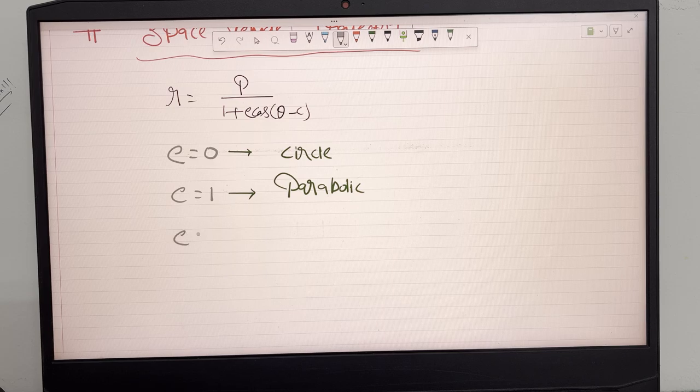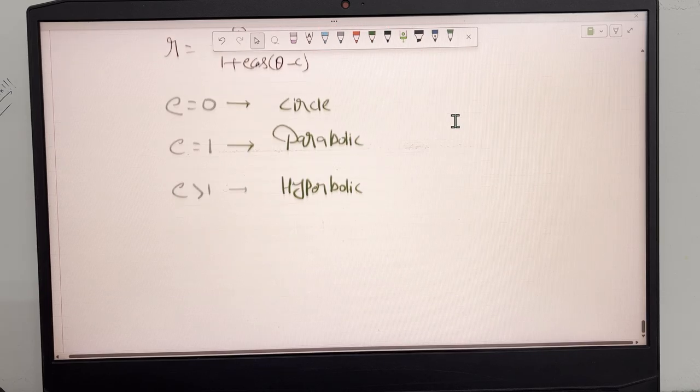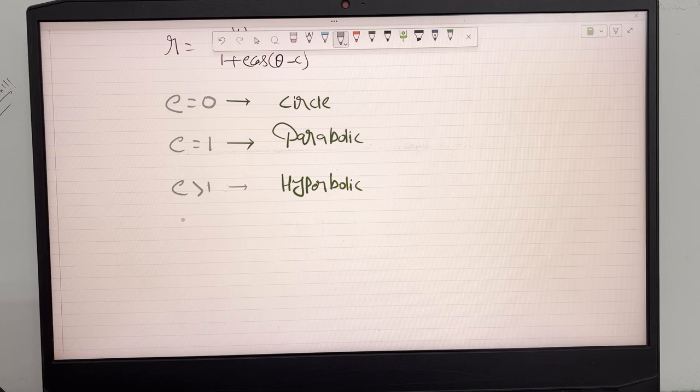If e is greater than 1, the trajectory will be hyperbolic. And if the eccentricity of the conic is less than 1, that will be the elliptic orbit.